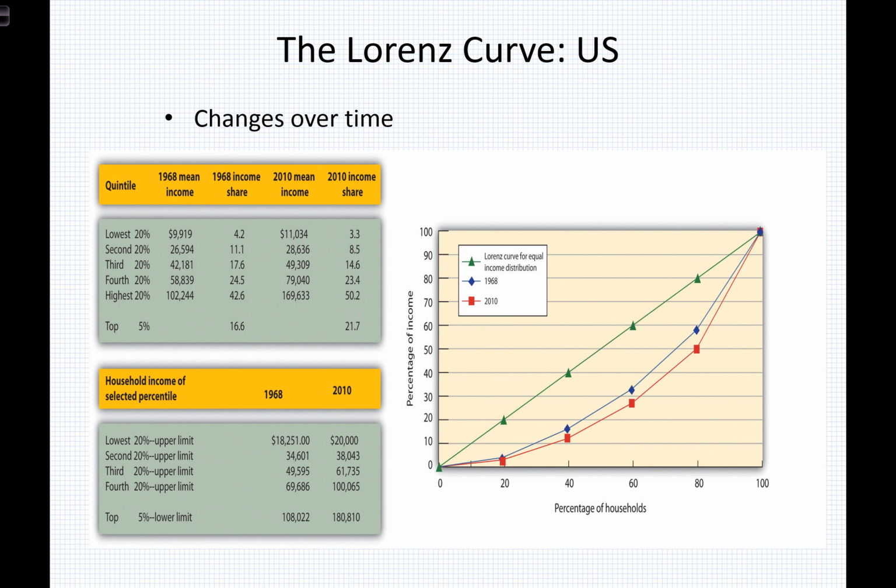If we look at changes for the U.S. over time, we can see some quintile values here, the bottom 20%, the top 20%. And we see the 1968 mean or average household income and 2010 mean or average household income. We see then these percentiles selected for these years.